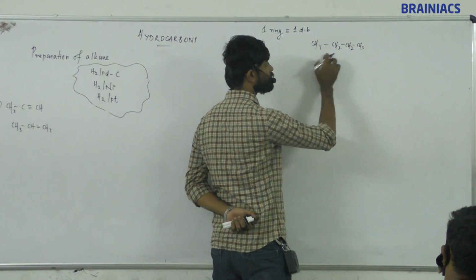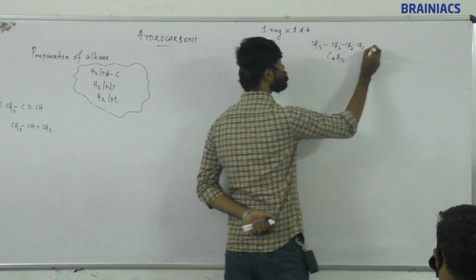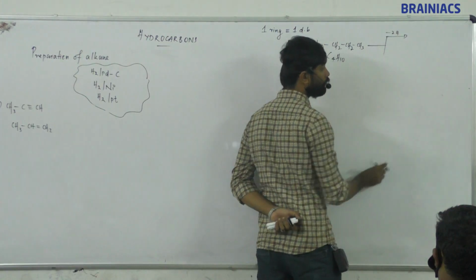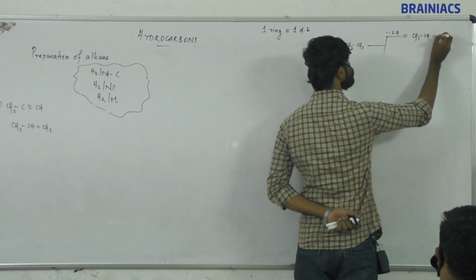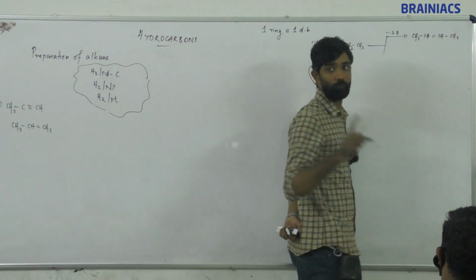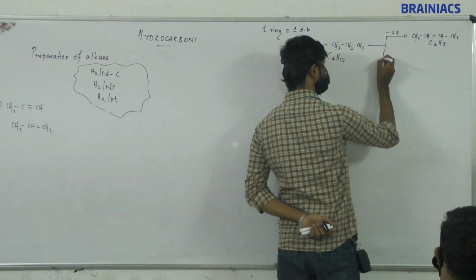If I have butane, CH3, CH2, CH2, CH3, what is the formula? C4H10. If I remove two hydrogens from here, I can make this compound CH3, CH double bond, CH, CH3, which means alkene, and the formula will be C4H8.